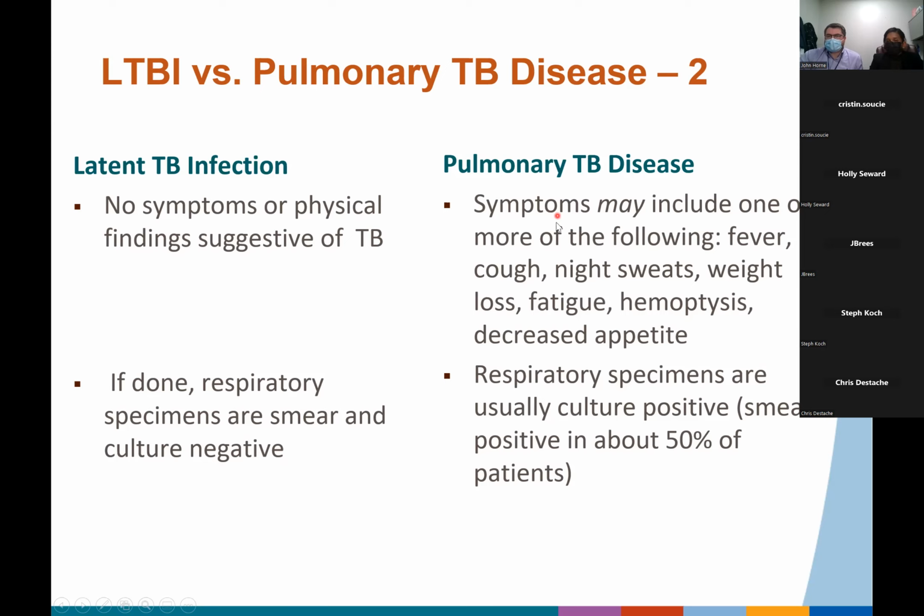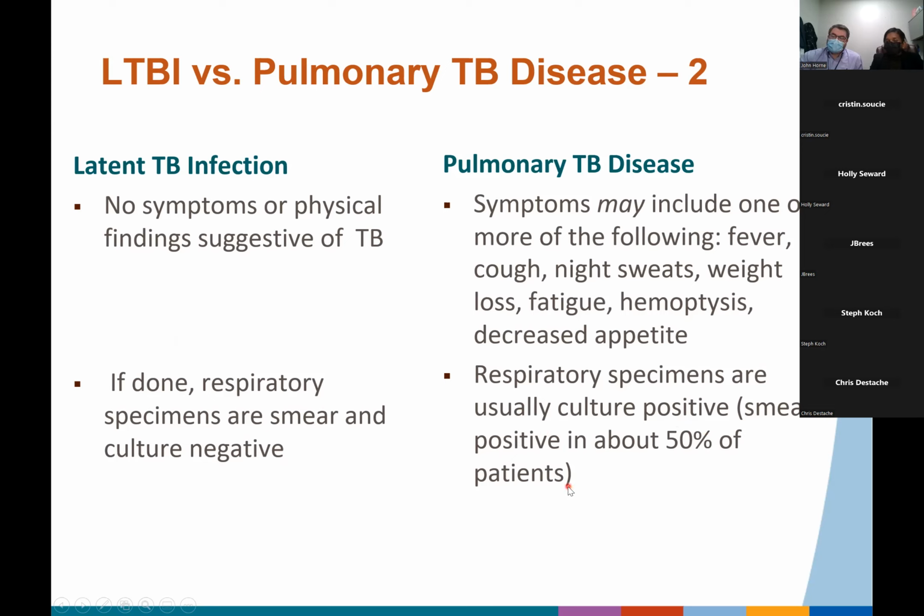The symptoms may include fever, cough, night sweats, weight loss, fatigue, hemoptysis, so they're coughing up blood, and decreased appetite. These people have symptoms and they're sick, and a lot of the time they're wasting away from active TB. Respiratory specimens are usually culture positive, and they can be smear positive also in 50% of the patients.